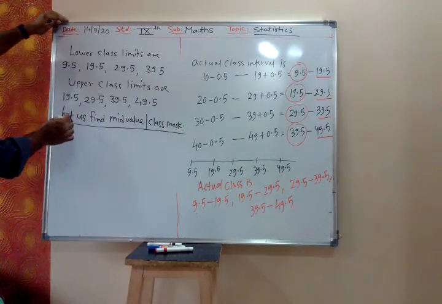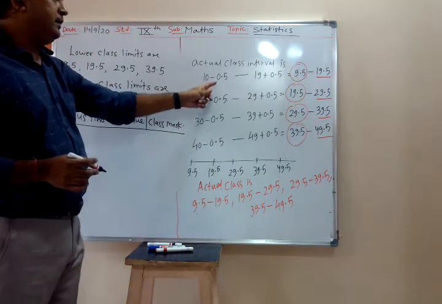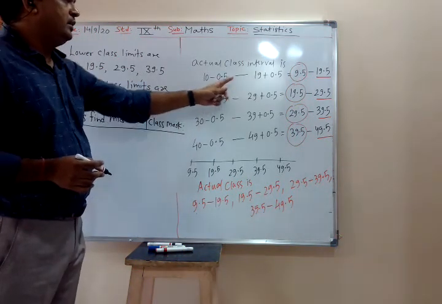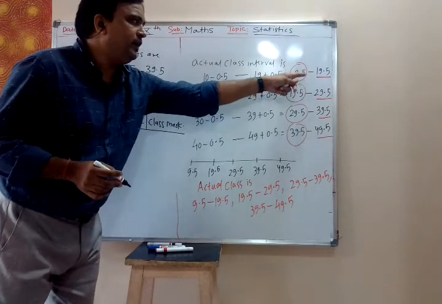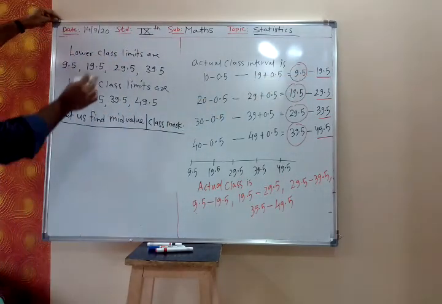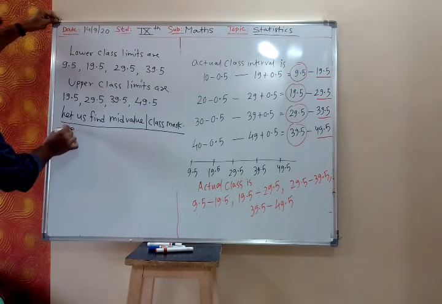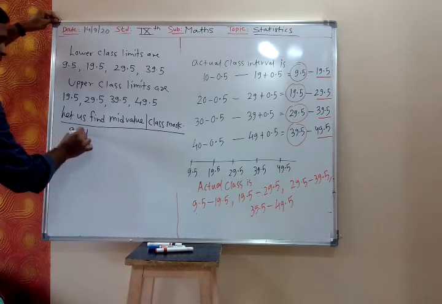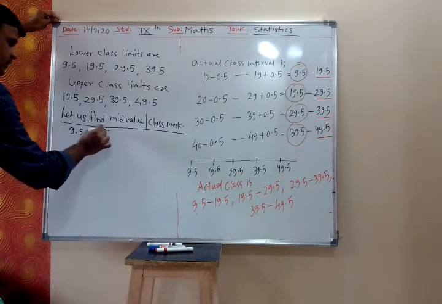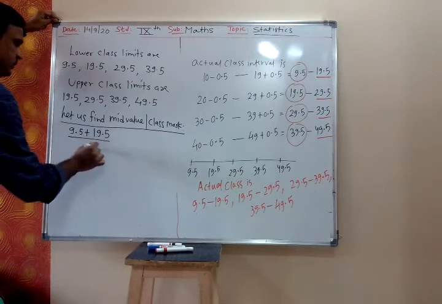Let us find the first class mark. This is my first class interval, 9.5 to 19.5. So what will be the first class mark? Lower limit plus upper limit, divide this total by 2.